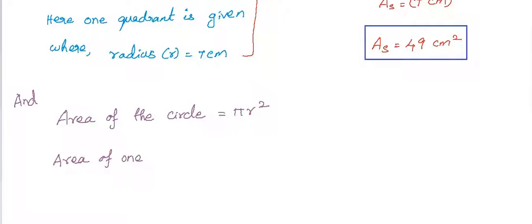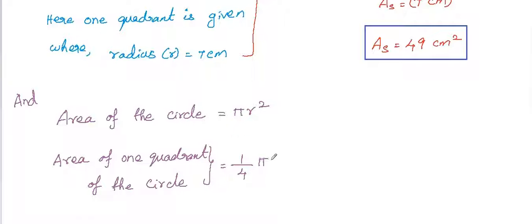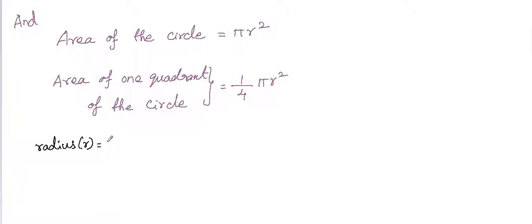So the area of one quadrant of the circle is 1 by 4 into pi r square. The radius is 7 centimeter, so plug in r equal to 7 and find the area of one quadrant of the circle.